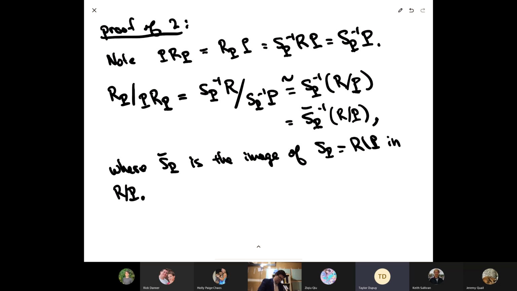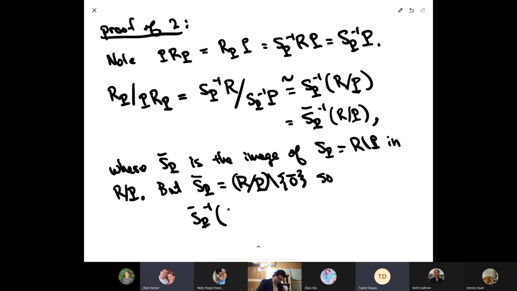Okay, but S_P bar, so this is just R mod P set minus the zero element, 0 bar.